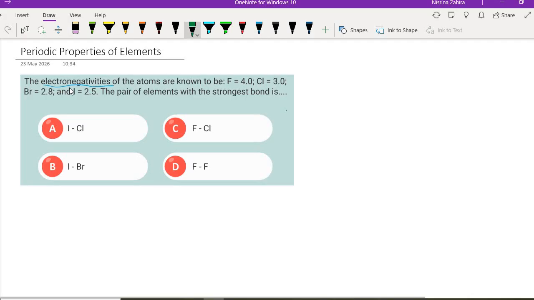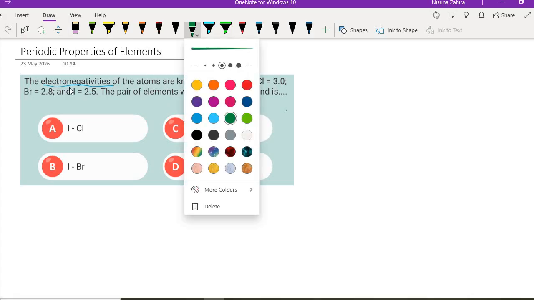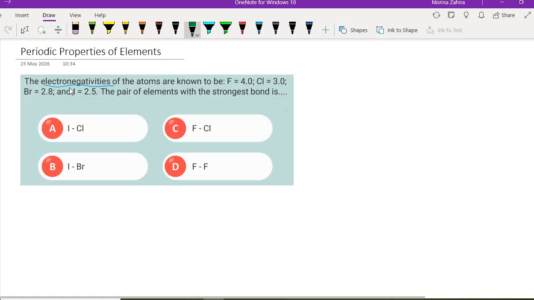In this question, the electronegativities of the atoms are known to be F equals 4.0, chlorine equals 3.0, bromine 2.8, and iodine equals 2.5. The question is: the pair of elements with the strongest bond is, with options from A to D.